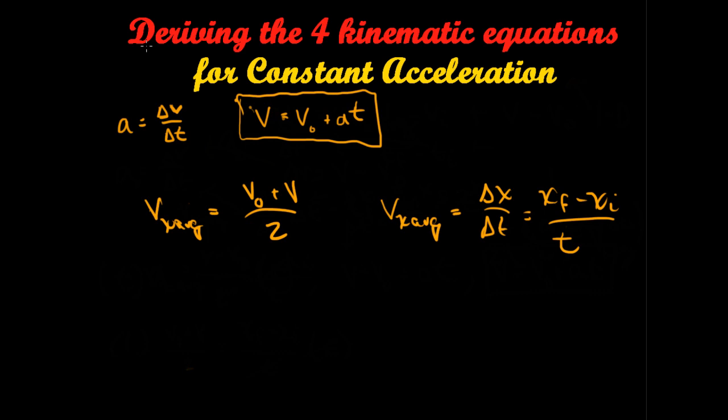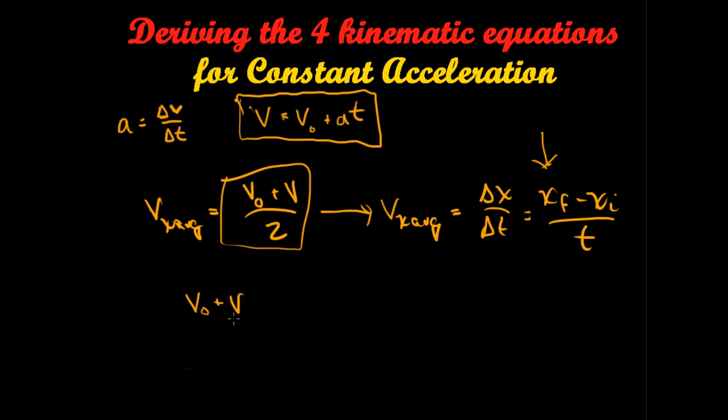Now, if we were trying to make an expression for final position, then we should probably combine these two ideas here and solve for our final position. So, plugging this in for our average velocity, we get the initial velocity plus the final velocity over 2 is equal to the final position minus the initial position over t.